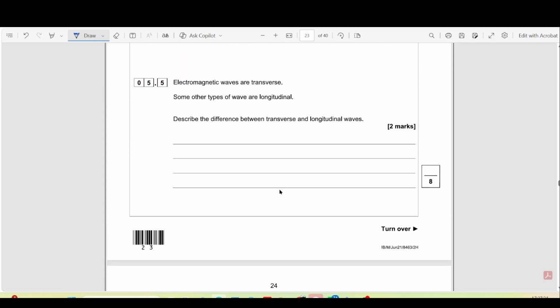Electromagnetic waves are transverse. Some other types of waves are longitudinal. Describe the difference between transverse and longitudinal waves. In transverse waves, the direction of the wave and the disturbance make a 90-degree angle, but longitudinal means they go parallel.